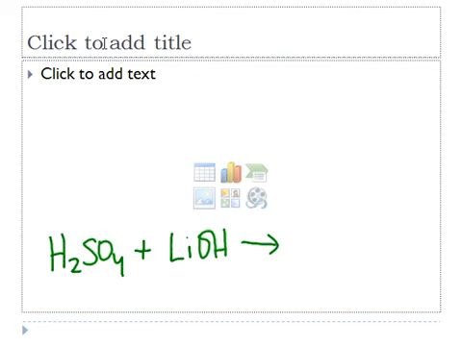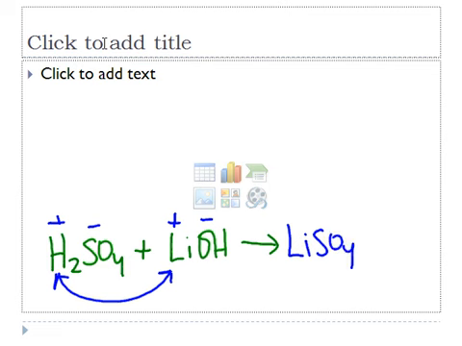So again, if we add in all of our positive and negative charges, and then we make the positive charges switch places, I end up with lithium bonding to sulfate, so LiSO4. Check your charges in crisscross, I get Li2SO4. And then I have H and OH coming together, which is the same as H2O.